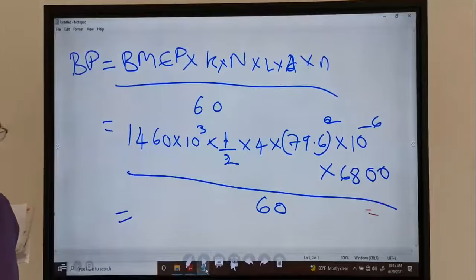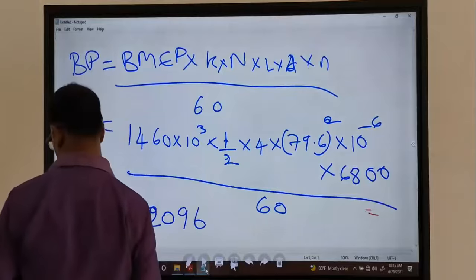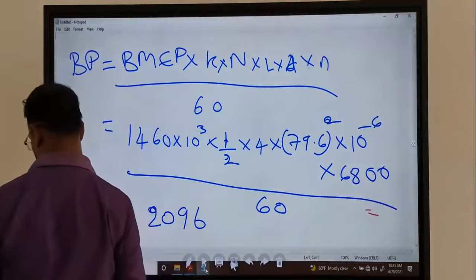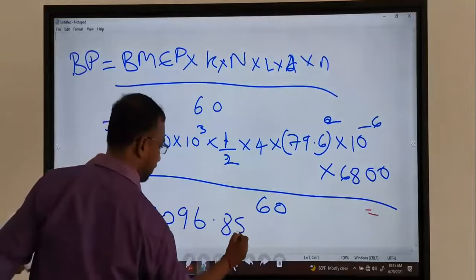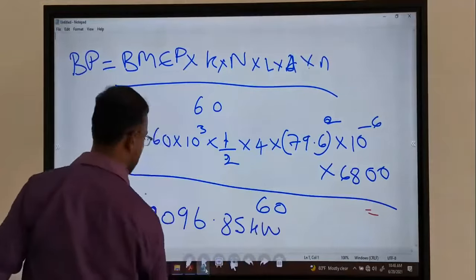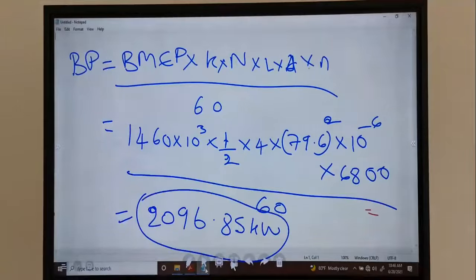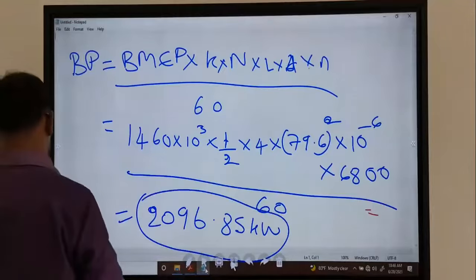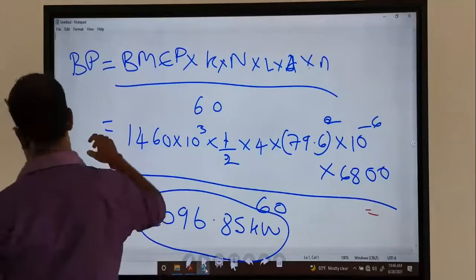So the brake power is 2096.85 kilowatt. So this is the answer. Remember this answer, because this brake power we need in the next question.